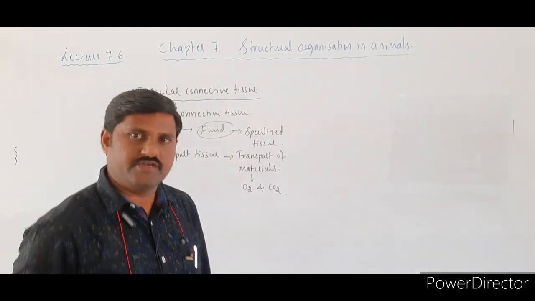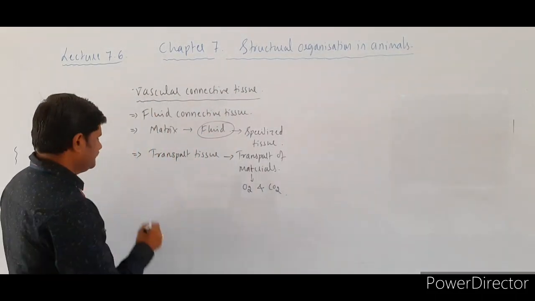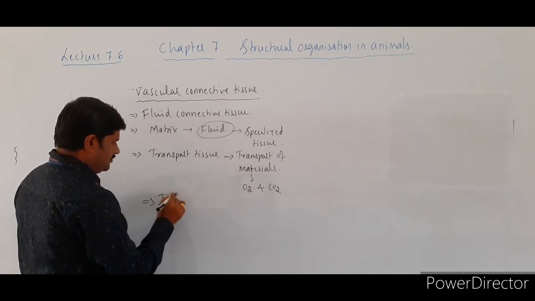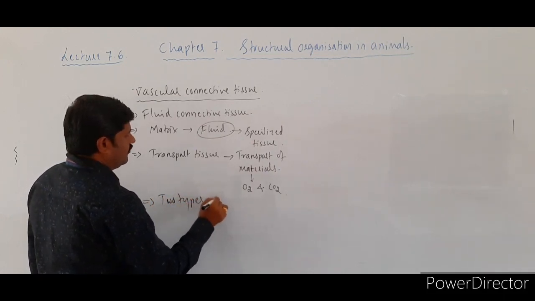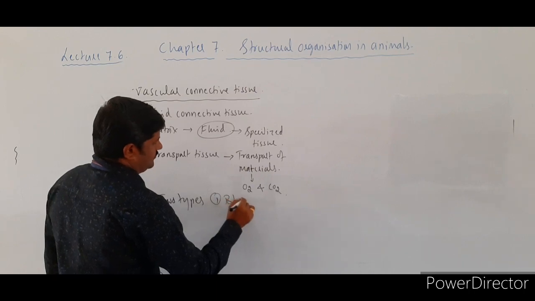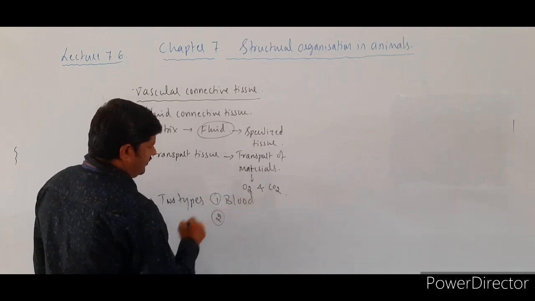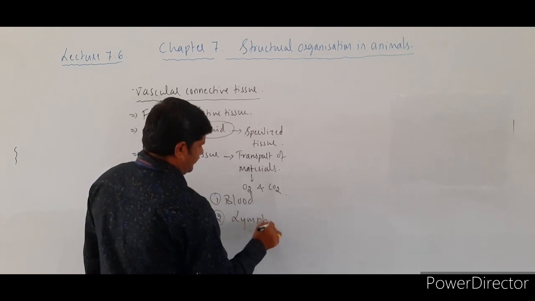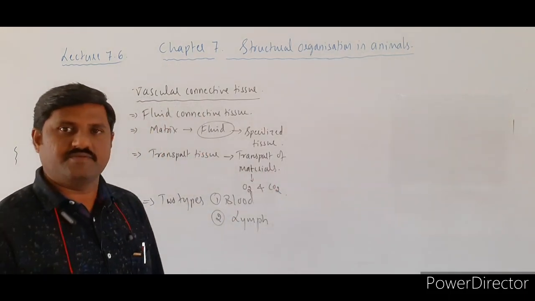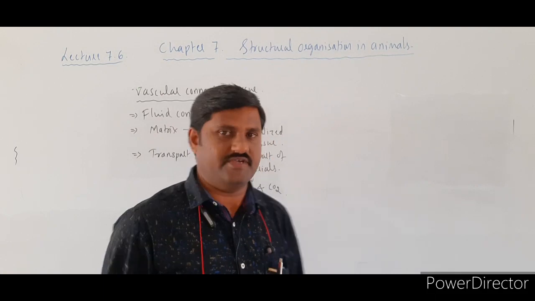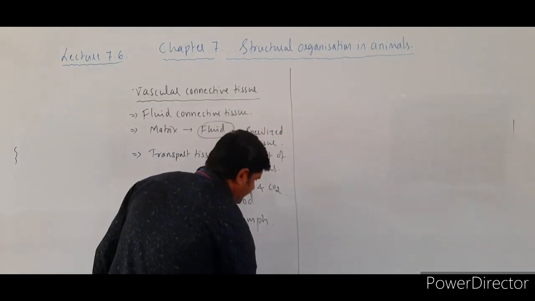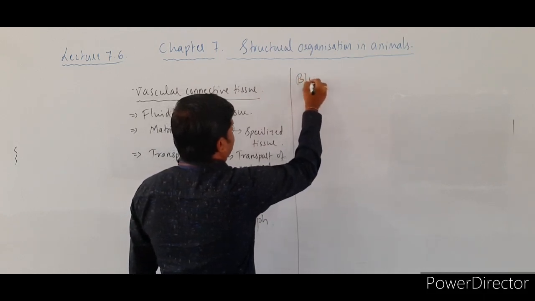This fluid connective tissue has two types. One is called blood and the second one is called lymph. So like this, there are two types of vascular tissues that we come across, and let us start with the first one, that is blood.